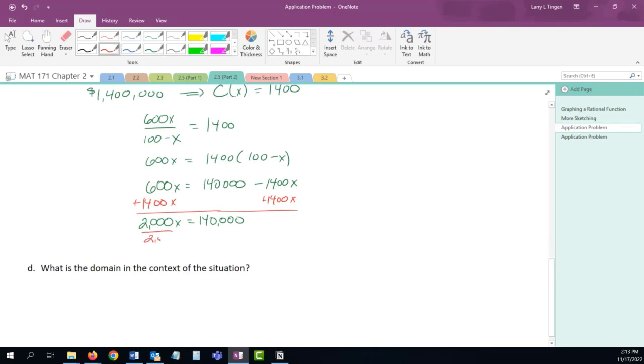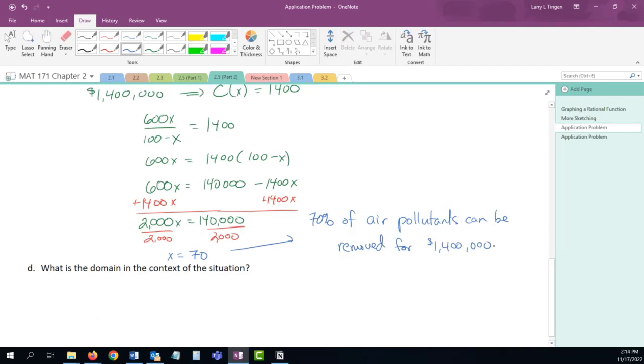It's currently multiplied by 2,000, so I'm going to divide both sides by 2,000. And I find out that x equals 70. So that means 70% of air pollutants can be removed for $1.4 million.